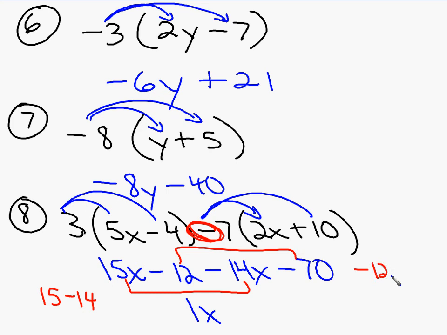That's negative 12 minus 70. So you start at negative 12, and the number line goes 70 to the left. That's negative 82. So I would write minus 82. 1x minus 82 is my final answer. You will have several tonight where you have to do distributive property twice and combine like terms like that.